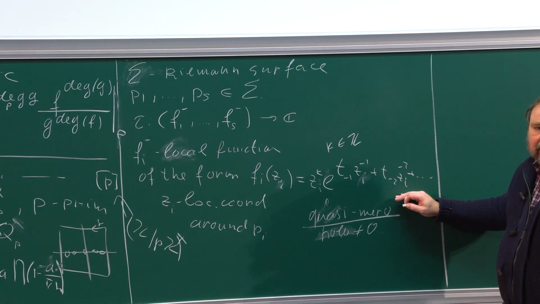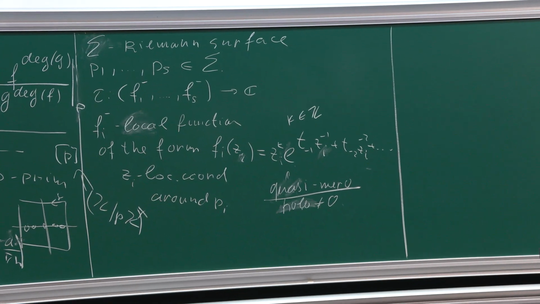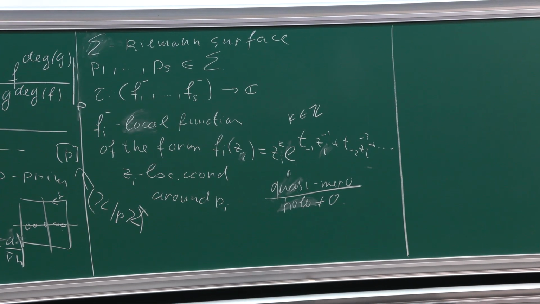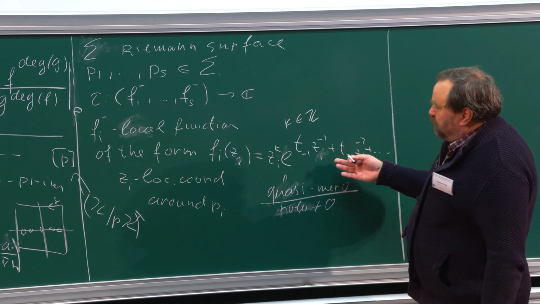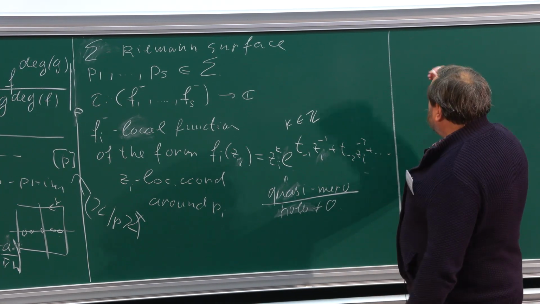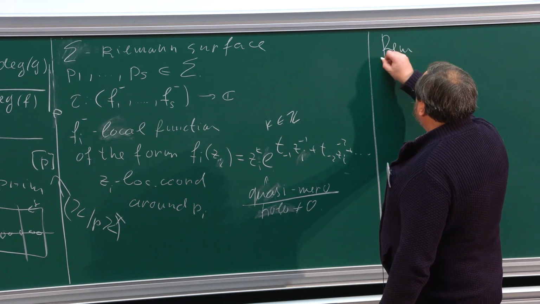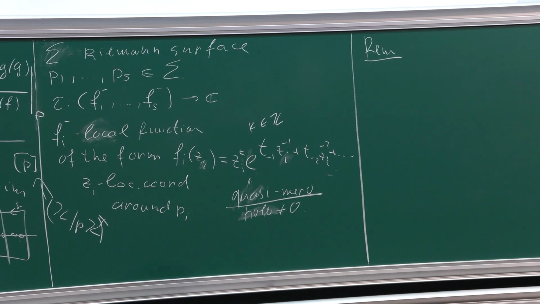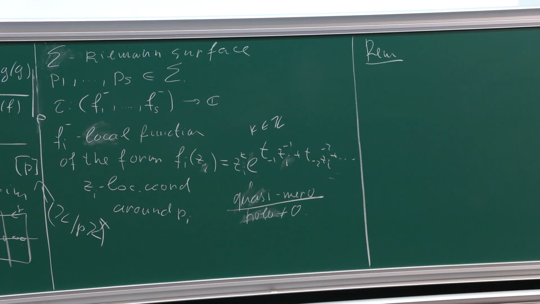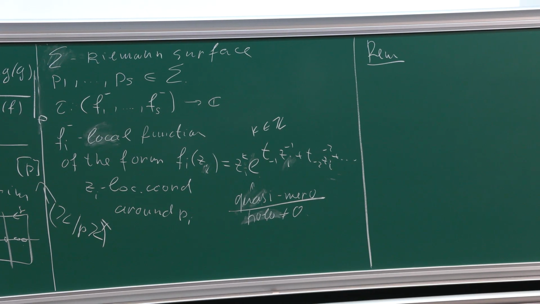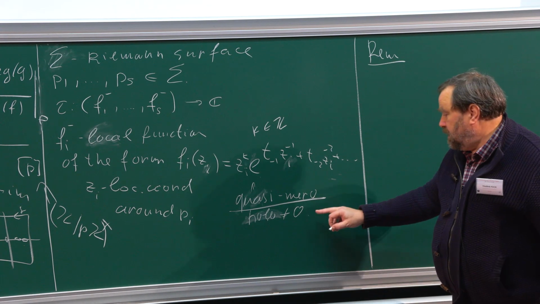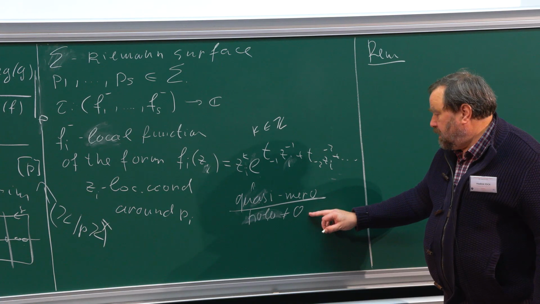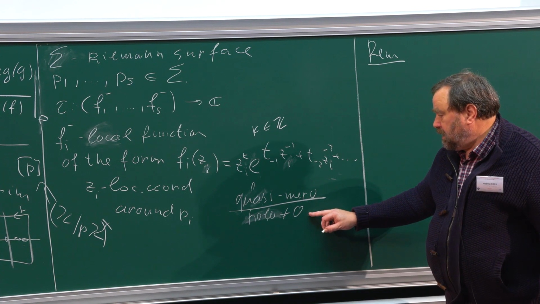Maybe before going to that, I will explain that these functions play a certain role. Holomorphic non-zero is always quasi-meromorphic, and you can modify the formula by multiplying by a constant or by something which doesn't vanish.